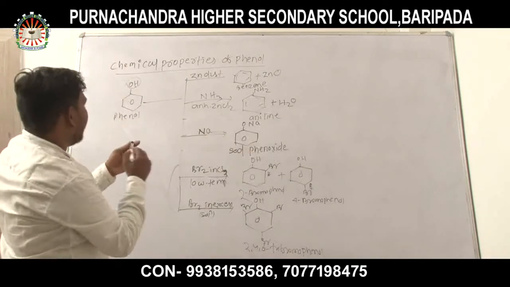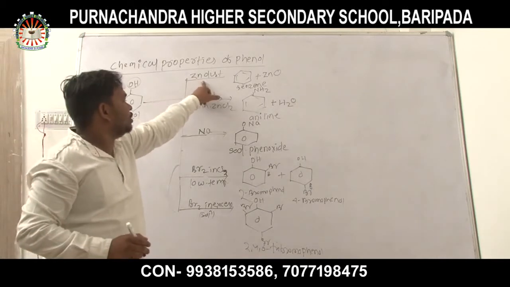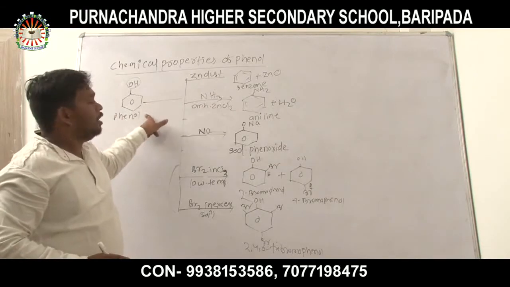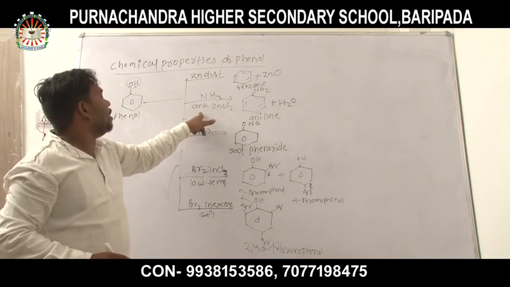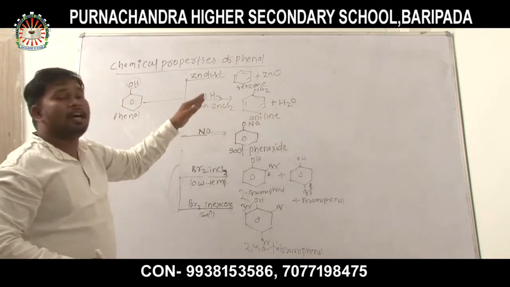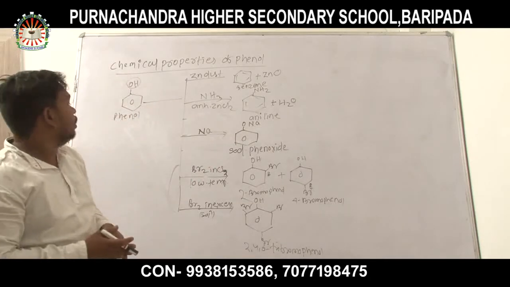I repeat this again. When phenol is treated with zinc dust, then benzene is formed. And when phenol is treated with ammonia in the presence of anhydrous zinc chloride, then aniline is formed. It is also another method of preparation of aniline, or conversion.